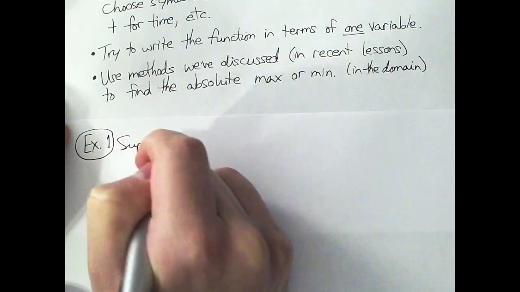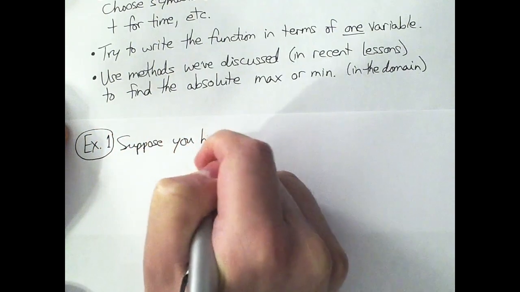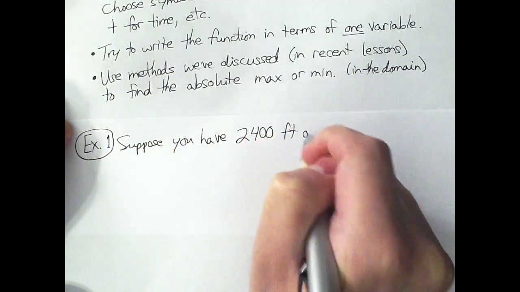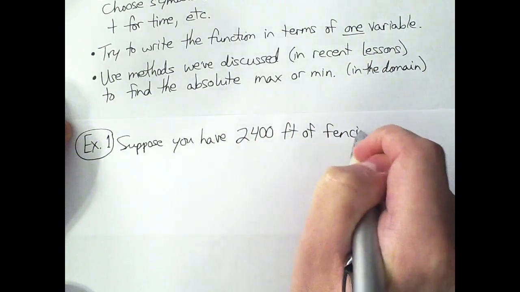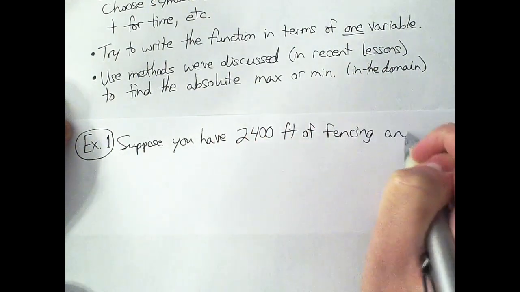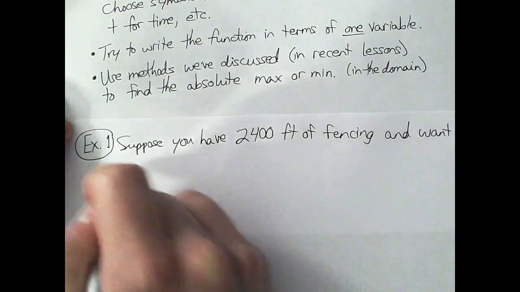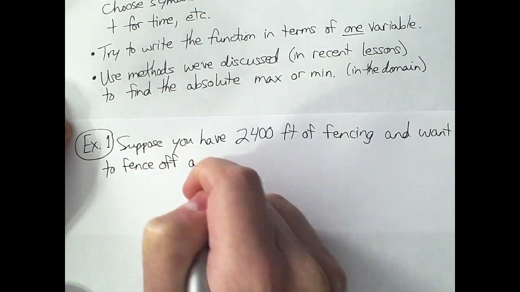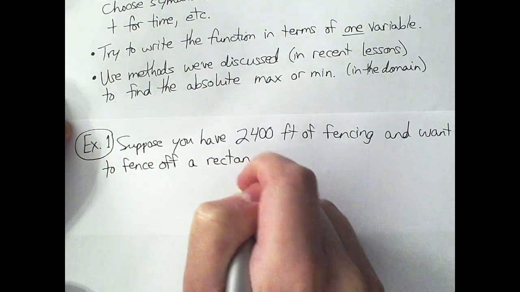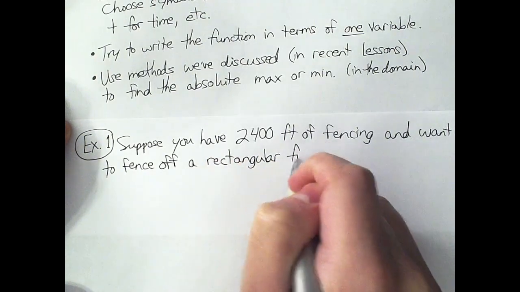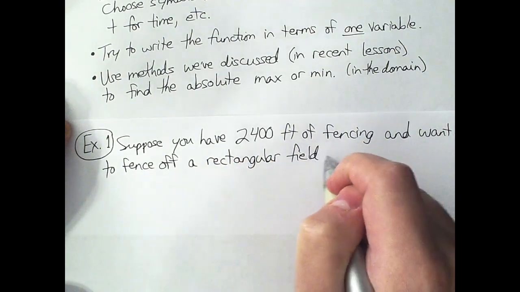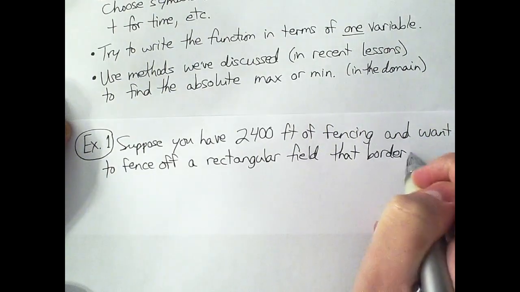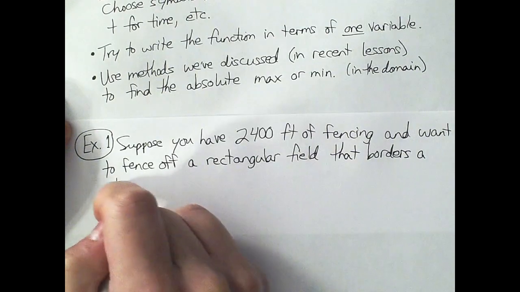Suppose you have 2,400 feet of fencing and want to fence off a rectangular field that borders a straight river.